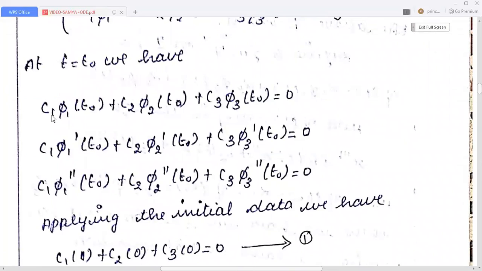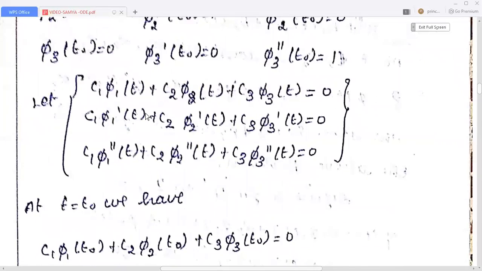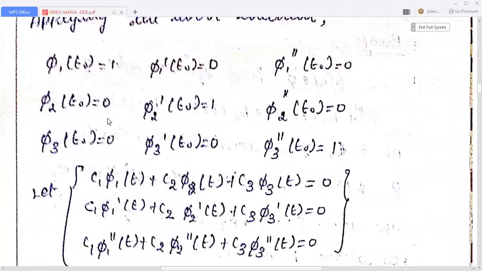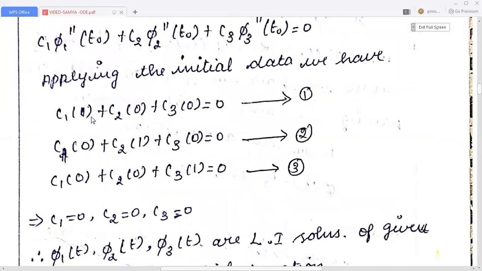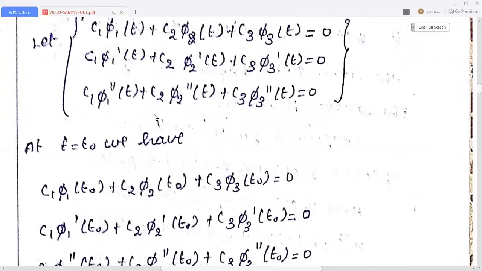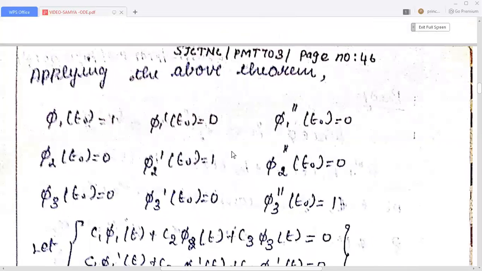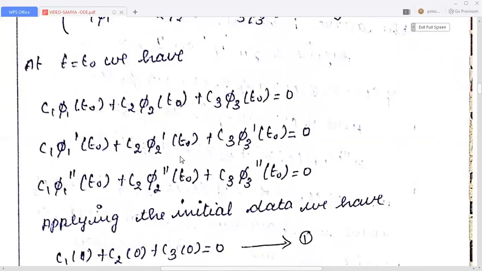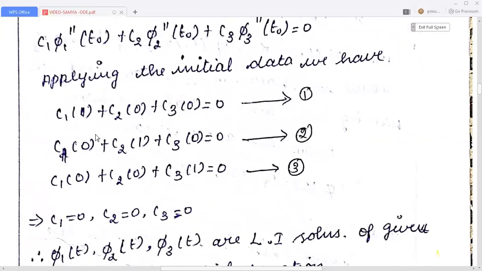Here C1 into phi 1 of t naught. What is phi 1 of t naught? Phi 1 of t naught is 1. So we can substitute C1 into 1. Similarly, we can apply all these values in the equations. That is C1 into 1, C2 into 0 plus C3 into 0.